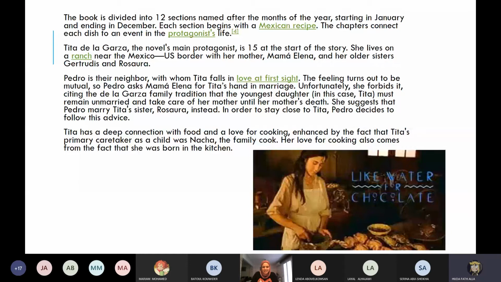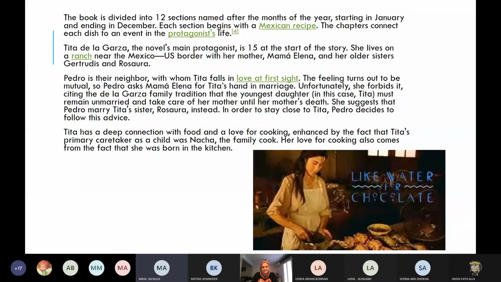Miss, he marries her sister just to be close to her? Her sister, did she accept that? I didn't watch the movie actually. Okay, it has a movie, but because I didn't watch it, I can't recommend it. So we can say that Tita can't marry because of family tradition, because she has to take care of her mother later.